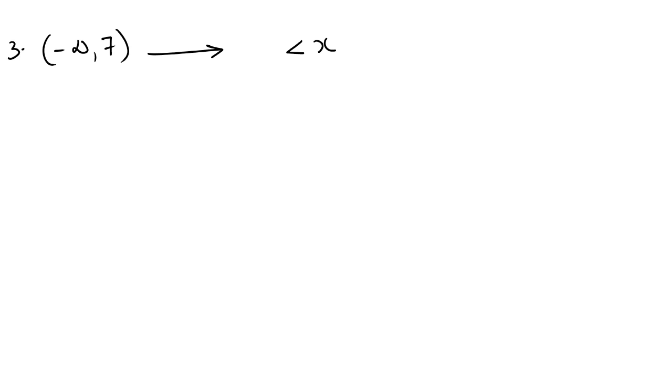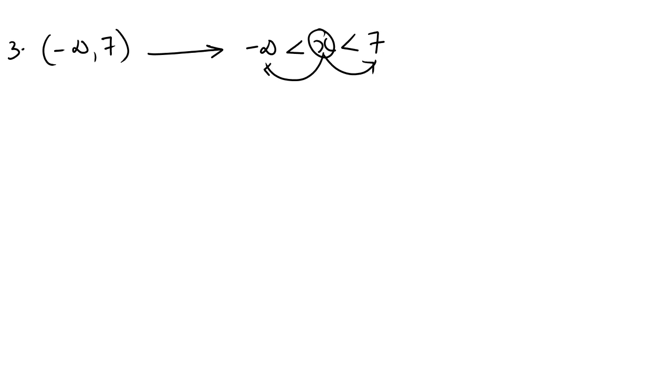So then we can have negative infinity here, and then we have positive 7 over it. So again, we start and read this way and read that way. Okay, so you would say x is greater than negative infinity and less than 7, right?